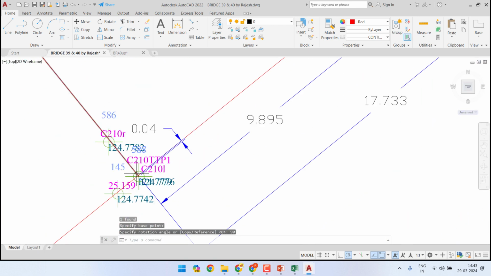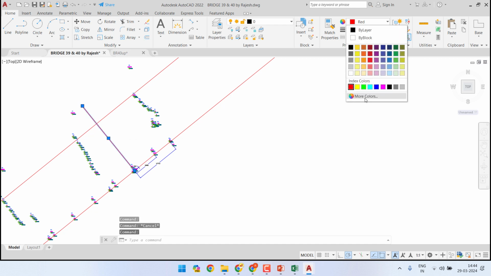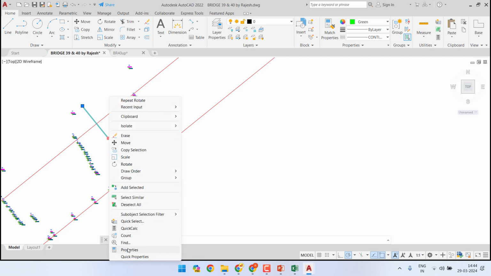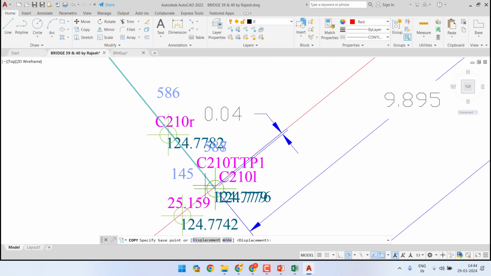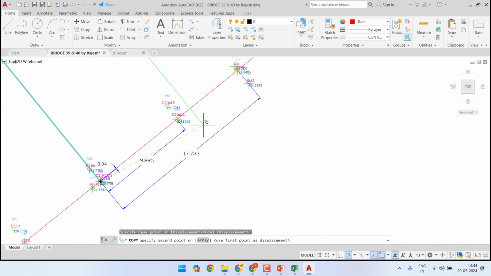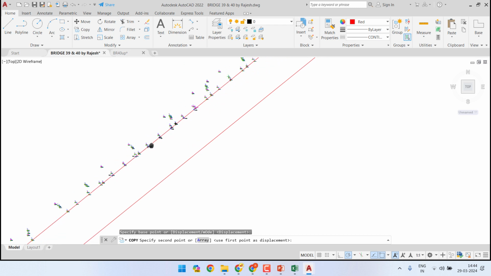Alright, so basically this is our start of the reverse curve. Let us give it another color, let's say green, and again let's copy it, copy selection, and this point we will take to CTP2 of curve number 22.